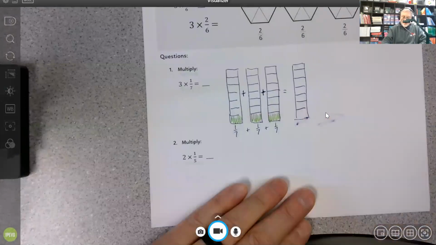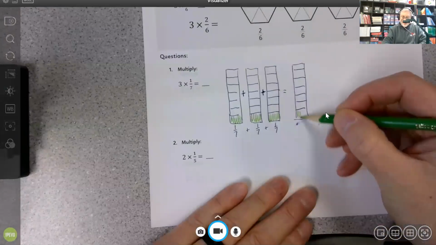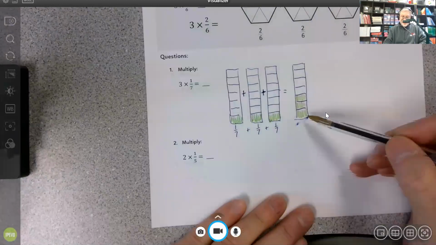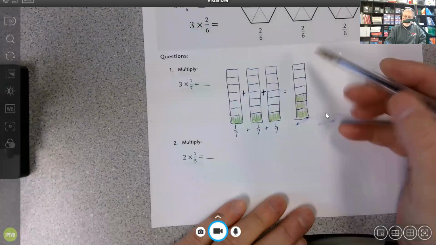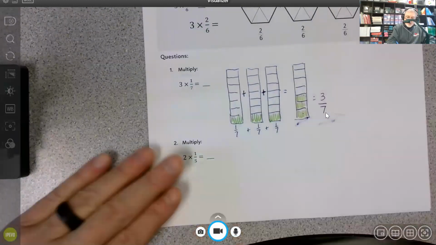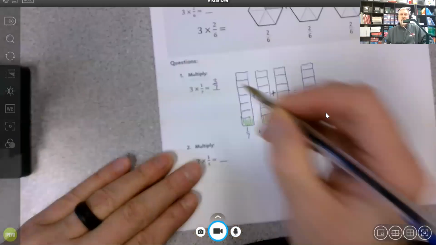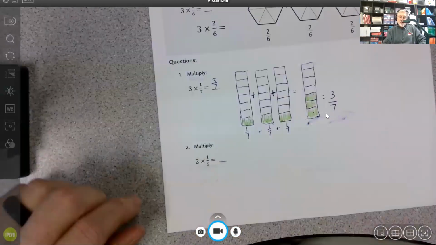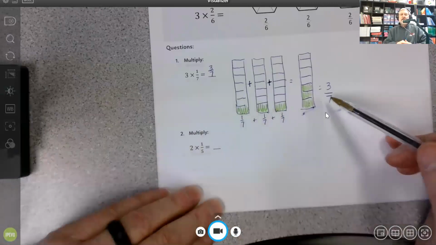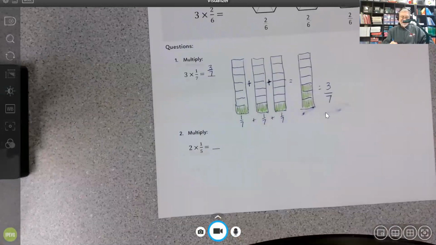And over here is going to be my final product, my answer in a multiplication problem. So that should equal 1, 2, 3, 3/7 would be my answer, 3/7. And again, I want to see you draw a model, not just multiply, but draw a model.